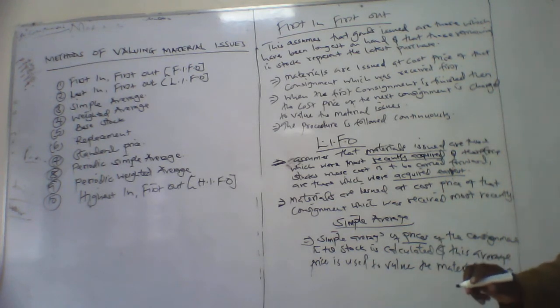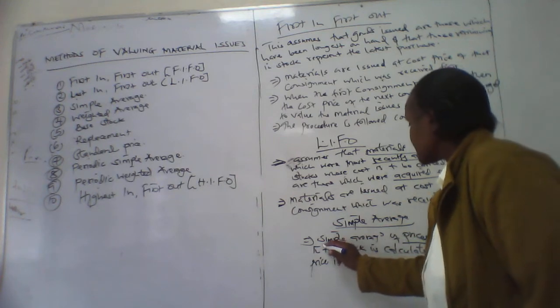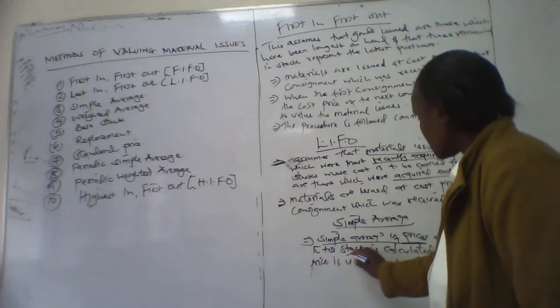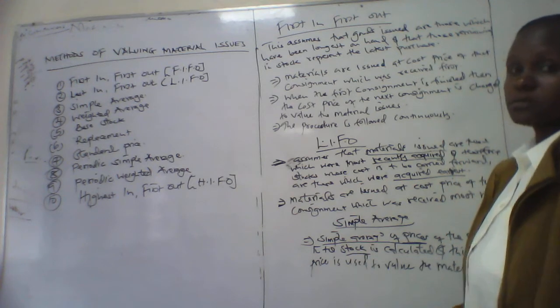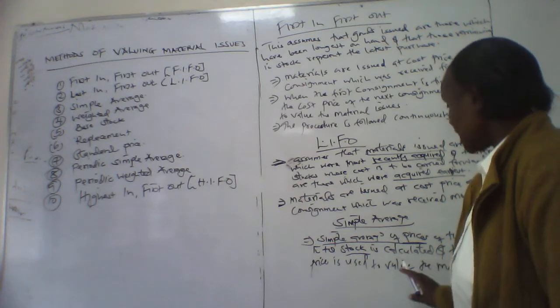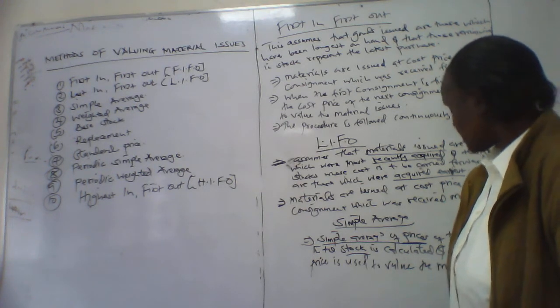Under the simple average method, the simple average of prices of the consignments in the store or in stock is calculated, and then this average is used to value the material issues.